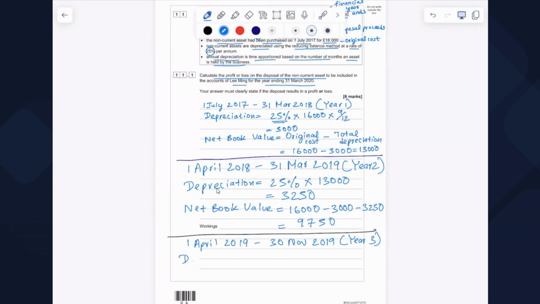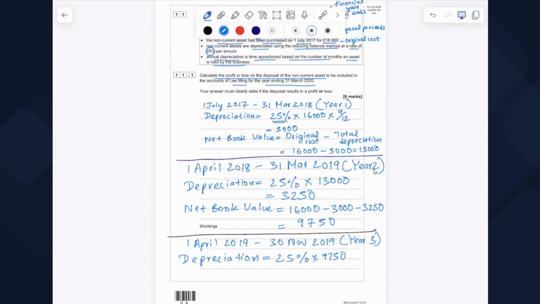So if you want to find the depreciation expense for the third year of usage, again, we start with the given percentage of 25%, which we apply on the net book value that we have from the previous period of 9,750. And then because the asset was in use for 8 months in the third financial year, again, how do we know it's been in use for 8 months? You start from the 1st of April and then you end on 30 November 2019.